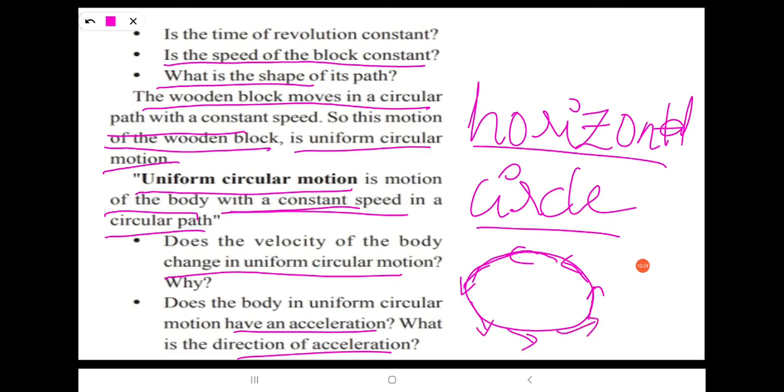So the acceleration of the body in uniform circular motion is directed along the radius towards the center of its circular path.